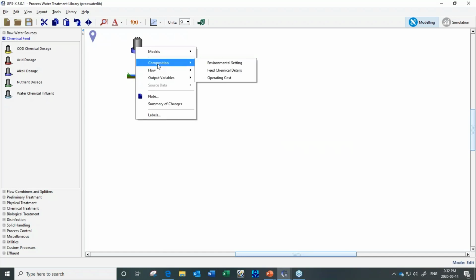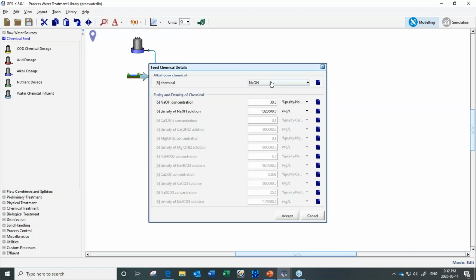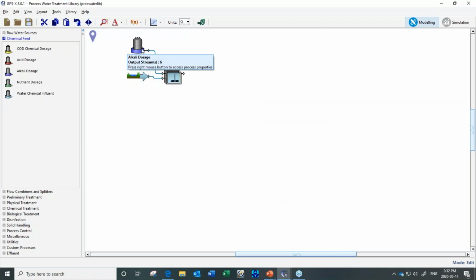And just to show you the chemicals, we have different feed chemicals here. You can look at the feed chemical details, and there are different types of chemicals: sodium hydroxide, calcium hydroxide, magnesium hydroxide, Na2CO3, calcium carbonate, and sodium bicarbonate. This is just the kind of alkali that we have in the system, but for acids, there are a large number of acids that we have.